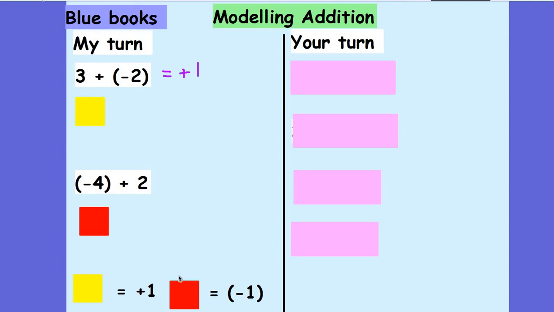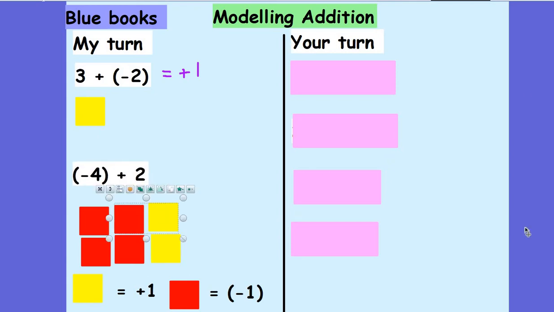This time I've got -4, which is 4 red squares, plus +2. If I get rid of the 0 pairs, there's 1, there's 2. Charlie, what am I left with? -2. Brilliant, thanks Charlie.